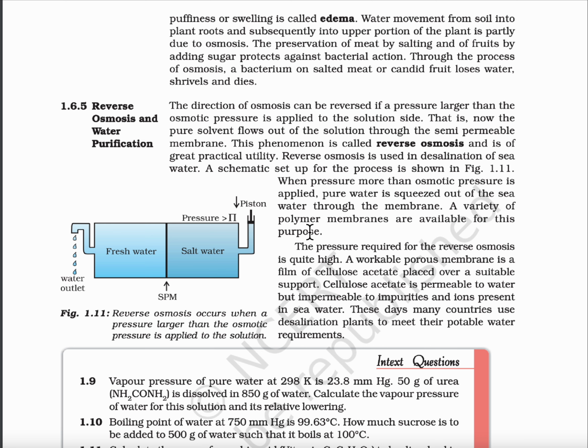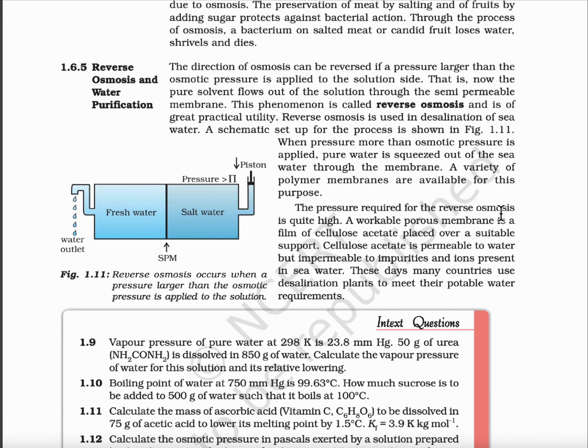A variety of polymer membranes are available for this purpose. The pressure required for the reverse osmosis is quite high. A workable porous membrane is a film of cellulose acetate placed over a suitable support. Cellulose acetate is permeable to water but impermeable to impurities and ions present in seawater.